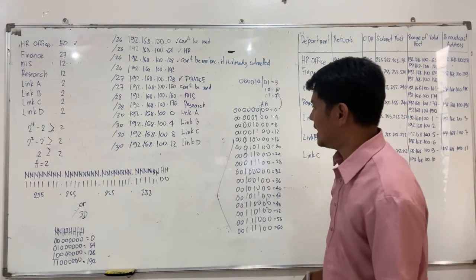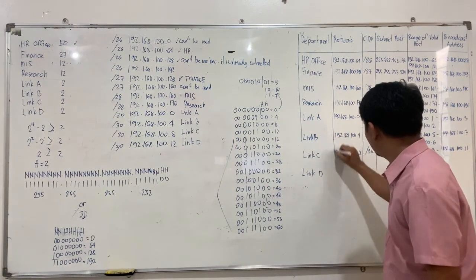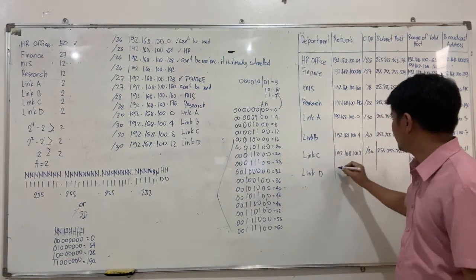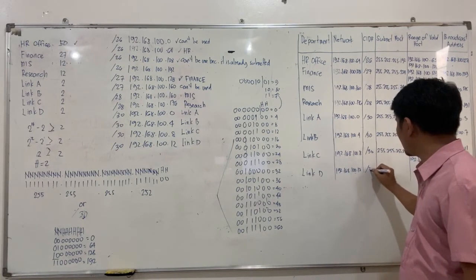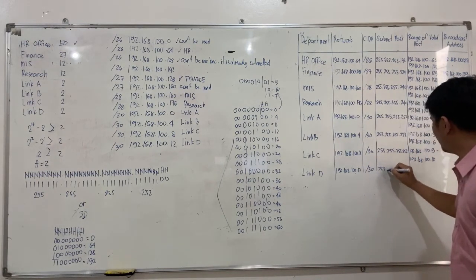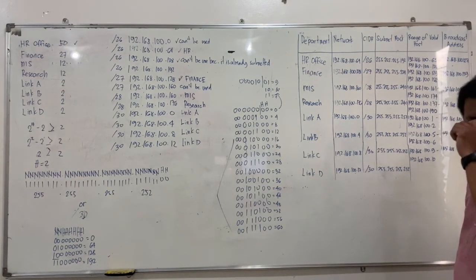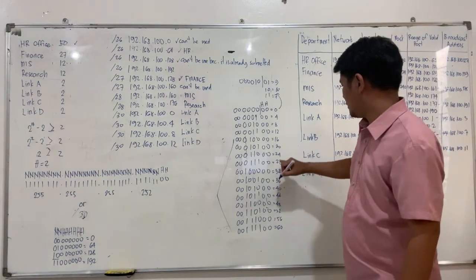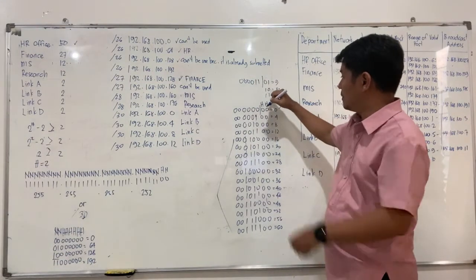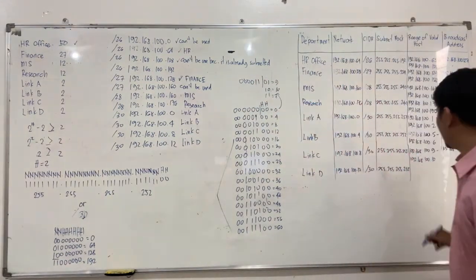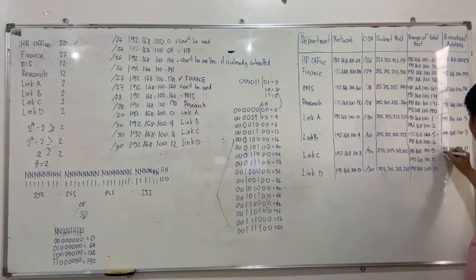Lastly, we have link D. So we have that 12: 192.168.100.12/30, 255.255.255.252. First valid host, 12 plus 1, that is 13: 192.168.100.13.